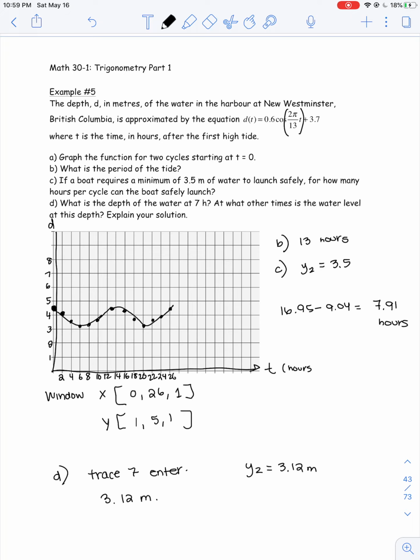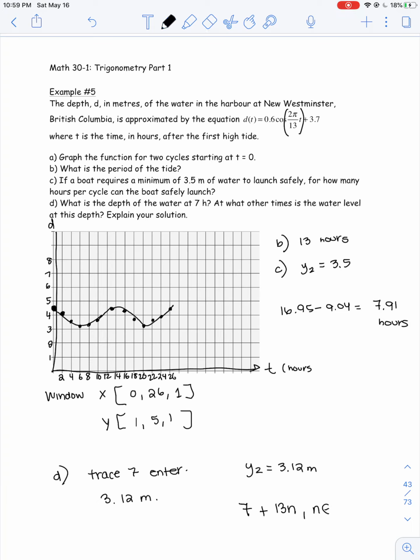A quick way to do that is to use the general solution. We know that it's going to occur the first time at 7 hours, right? And then you just have to add your period times n, where n can be an integer, which takes me in both the positive and negative direction. Now, since we're in hours, I can't have negative values, so if I subtracted 13, it wouldn't give me a logical answer.